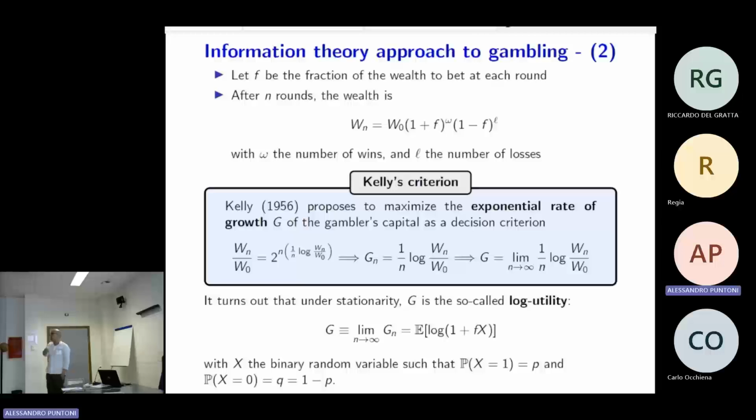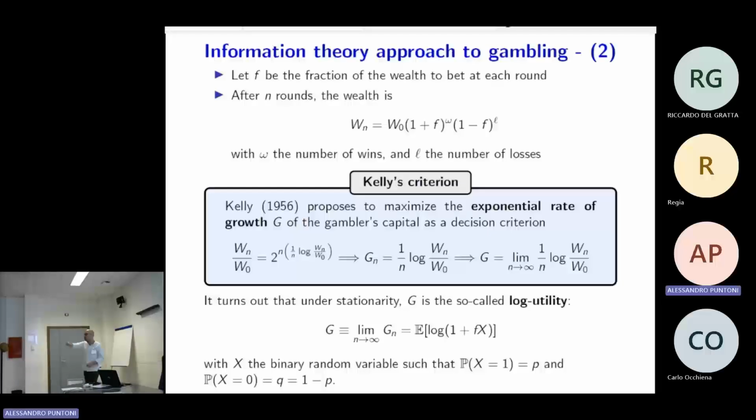The Kelly criterion is that instead of maximizing the wealth, let's maximize the exponential rate of growth. That is, with a simple trick, consider the wealth divided by the initial capital as 2 to the power of the logarithm in base 2 of the wealth, and we multiply by n and 1 over n. So we take the exponent, that is the rate. We call this the rate of growth, G.